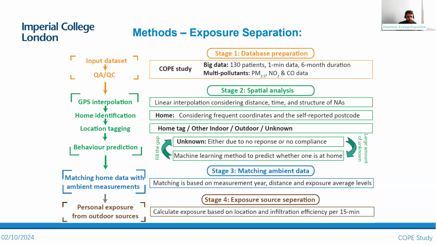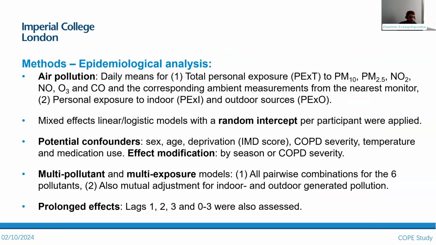So with all this data, we calculated how much of the outdoor pollution infiltrates indoors. And with that, we had an estimation of their personal exposure from outdoor sources across the whole study period and personal exposure from indoor sources, again across the study period.